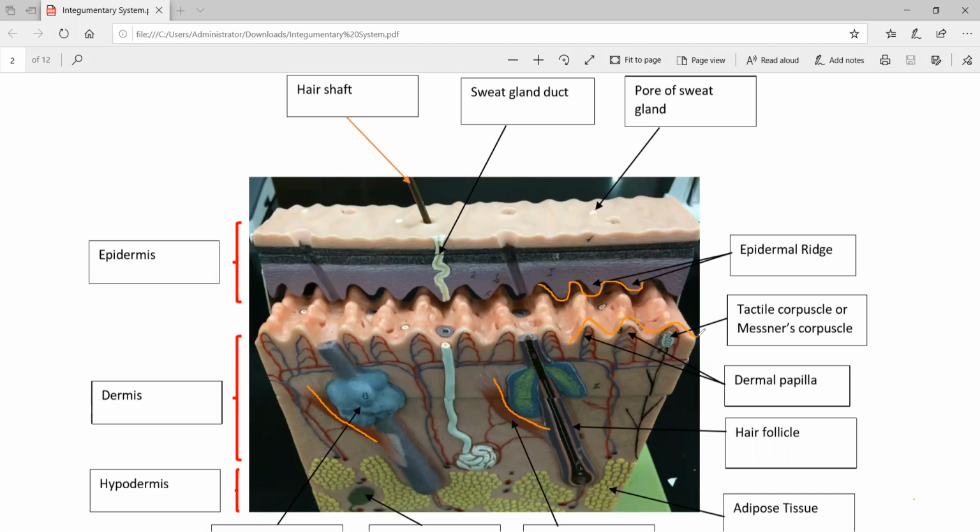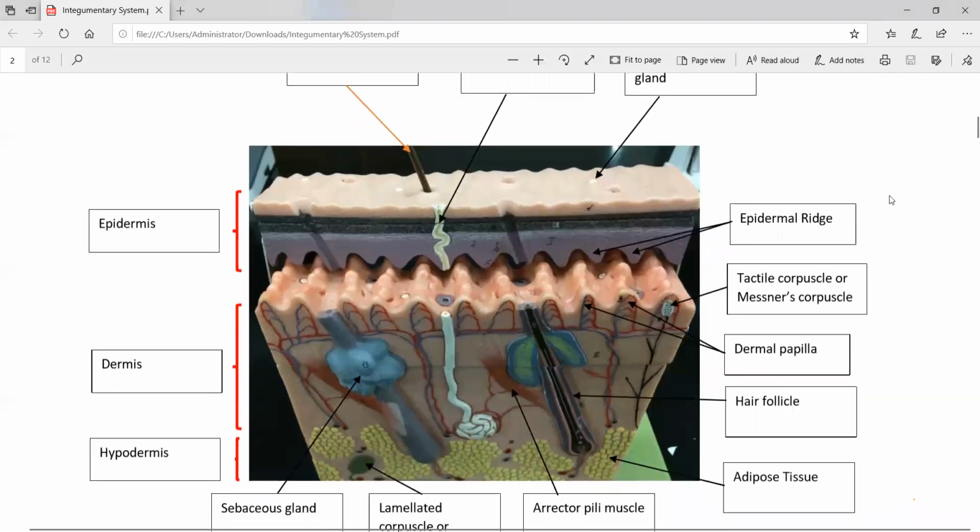Those fingers are called your dermal papilla. And your dermal papilla and your epidermal ridges will fit into each other really tight, like the teeth of a zipper, so that your skin layers do not easily come apart. So it adds strength to your skin and adds that extra strength to the attachment between the epidermis and the dermis.